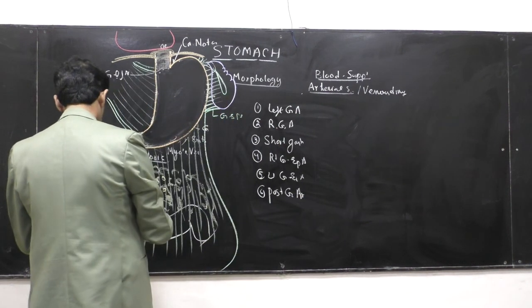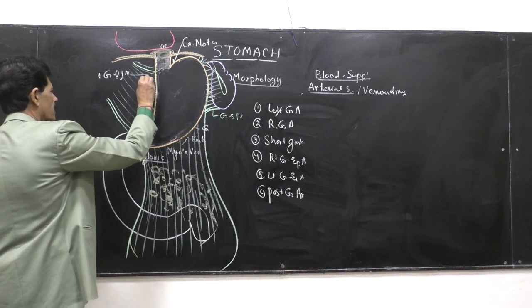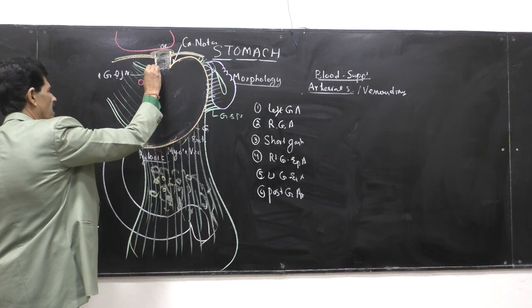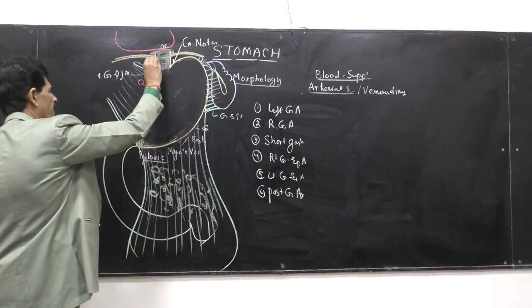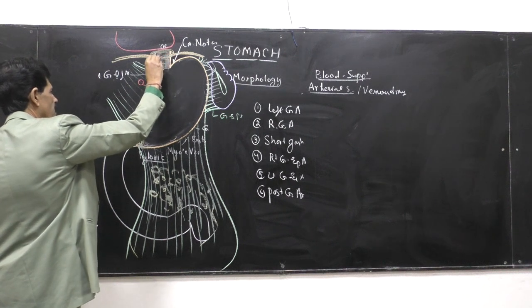So the left gastric artery, as we know, is a branch of the celiac trunk. The celiac trunk gives the left gastric artery, which runs towards the esophageal opening in the diaphragm, and it supplies the lower end of the abdominal part of the esophagus.